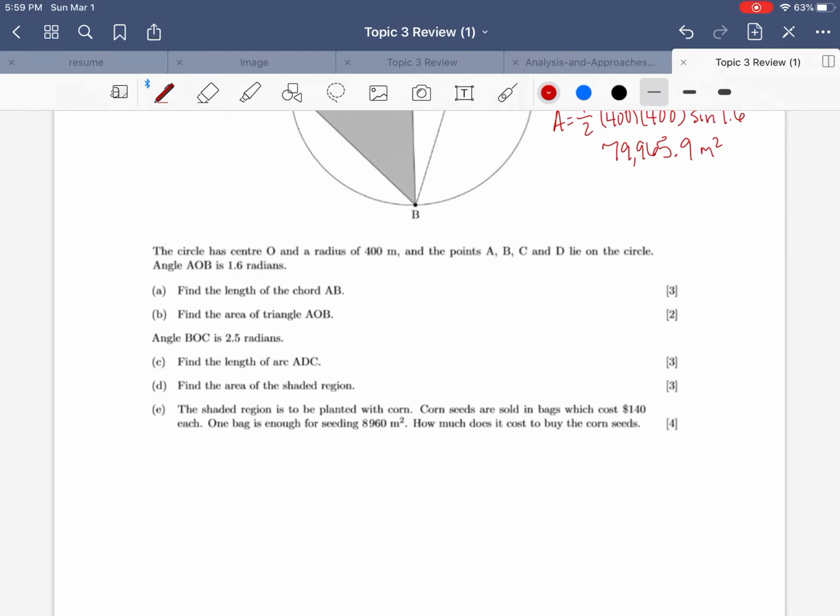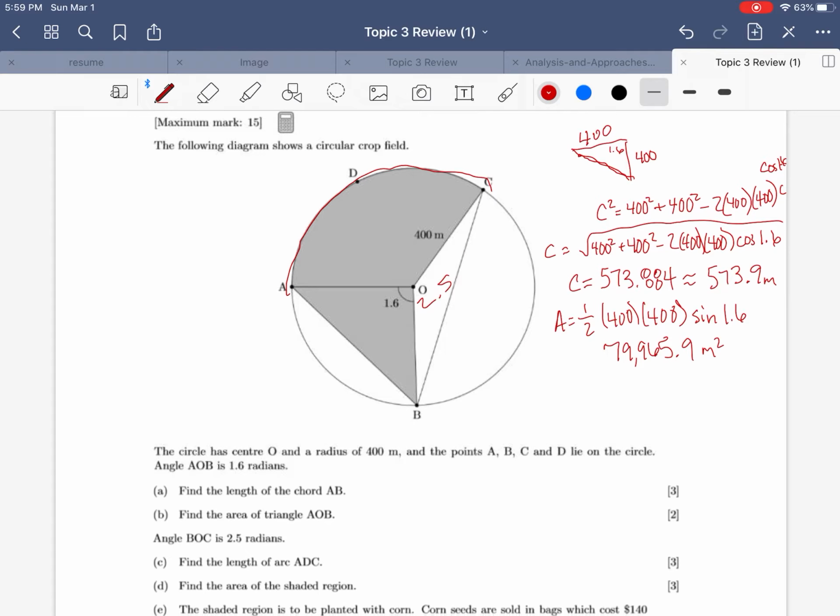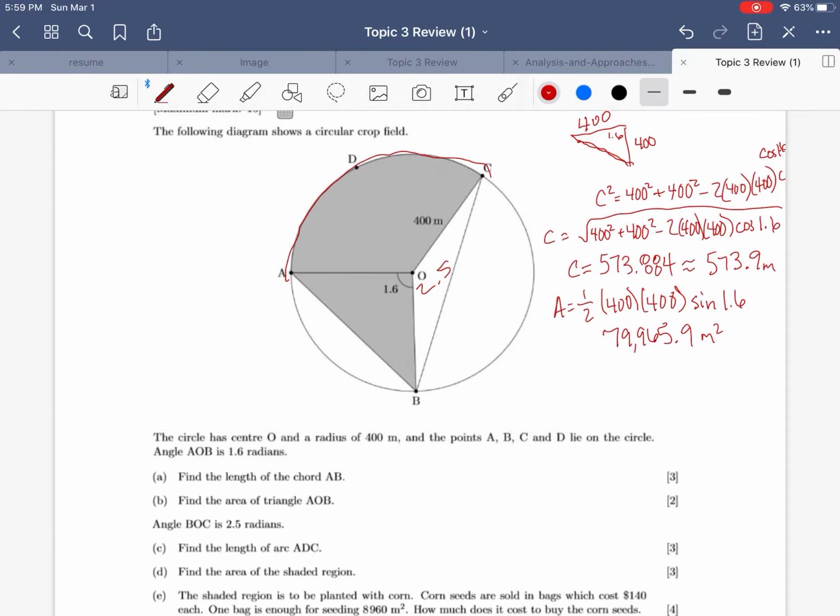Find the length of that arc, which is, in order to find the length of that arc, I need to find this angle first. Or another way I could do it is find the length of this arc and subtract it from the circumference, whichever one is fine.